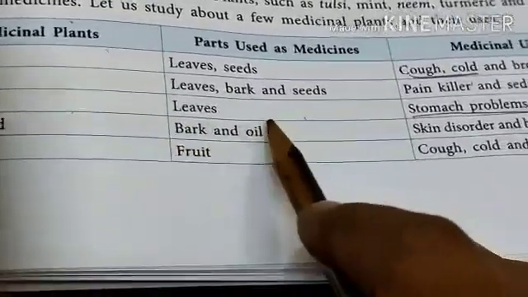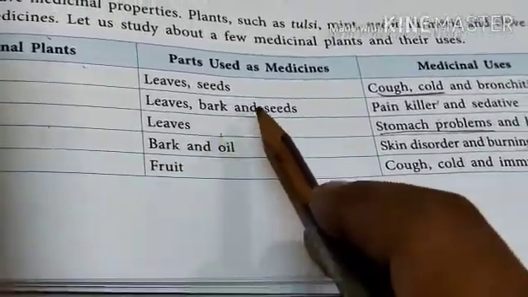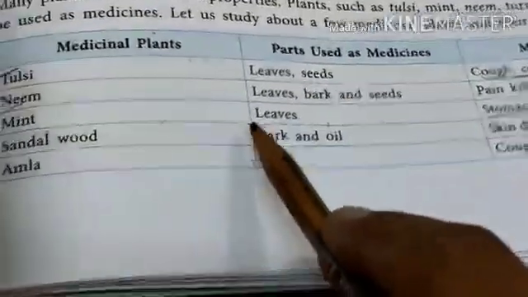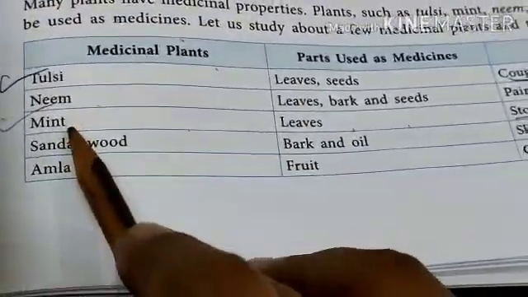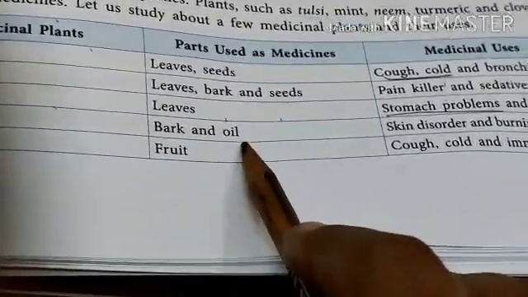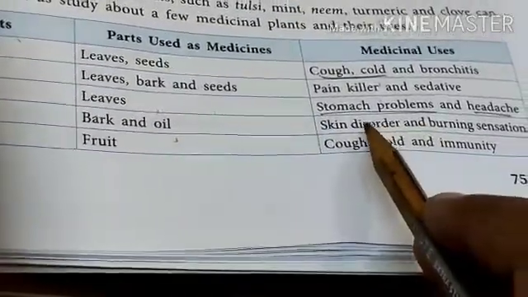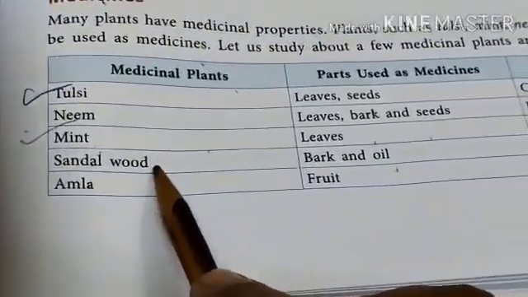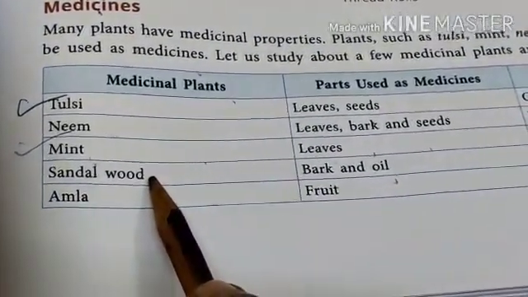Mint. We use the leaves, and when we have stomach problem or headache, we use the leaves of the mint. Sandalwood. We use the bark and oil. If you have any skin problem and you apply the sandalwood oil, it makes you alright.